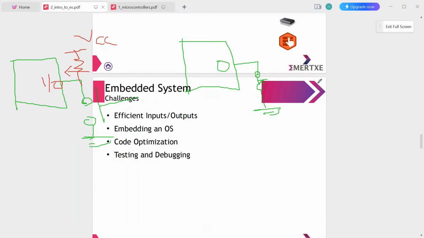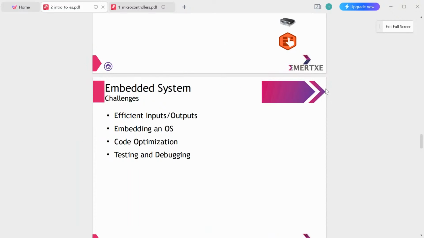Then the next challenge is embedding an operating system. Now guys, if you're working on a very complex embedded system, doing a very complex application, then there might be a possibility that you need an operating system. You have to include the OS in your embedded system. But guys, is embedding an OS that easy?